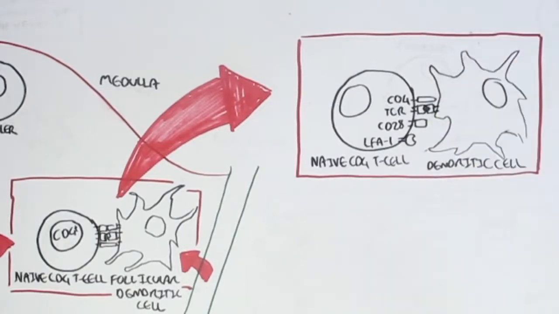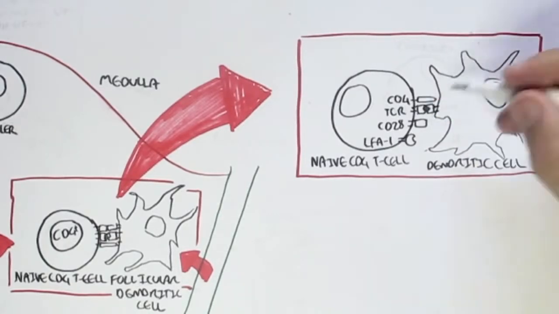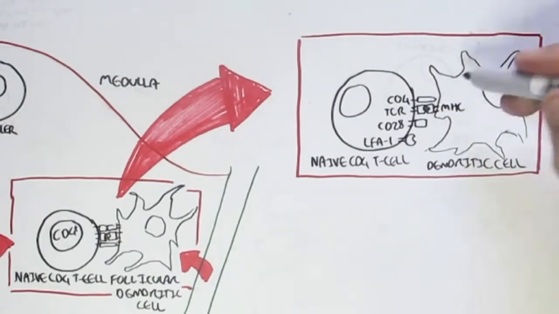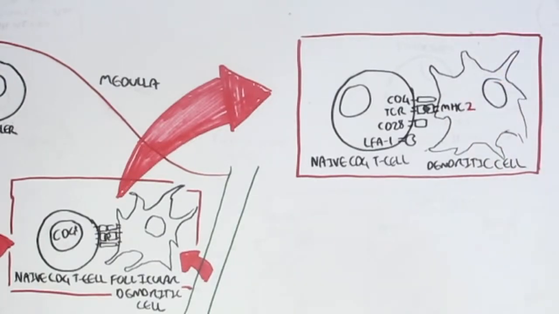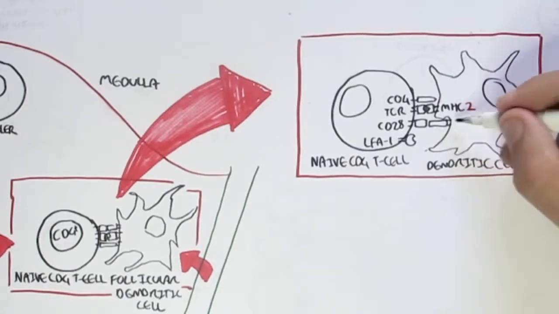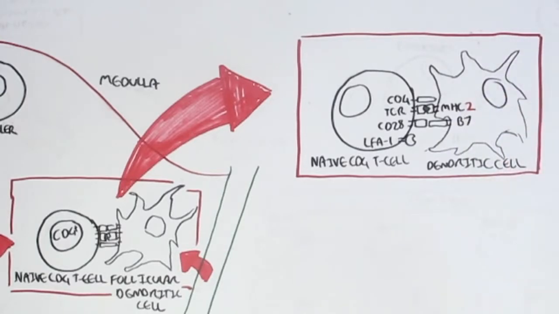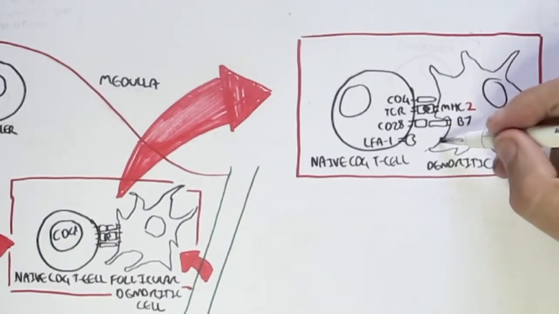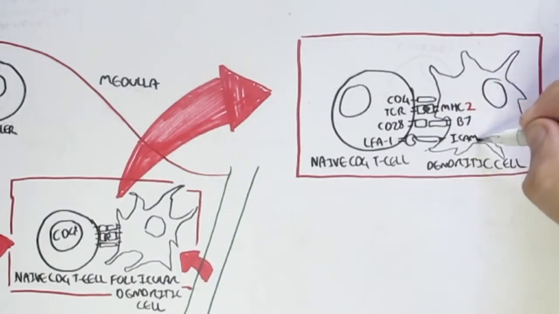The dendritic cell will present the antigen on an MHC class 2. So remember, the previous dendritic cell presented it on MHC class 1 to the CD8. Here we have an MHC class 2. And the dendritic cell also has a B7 receptor and an ICAM1 receptor.